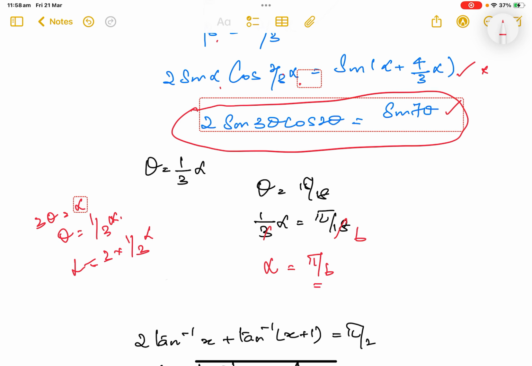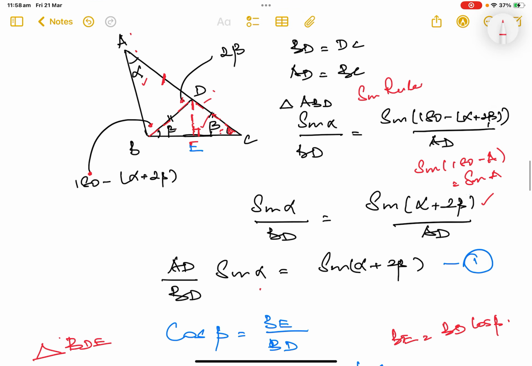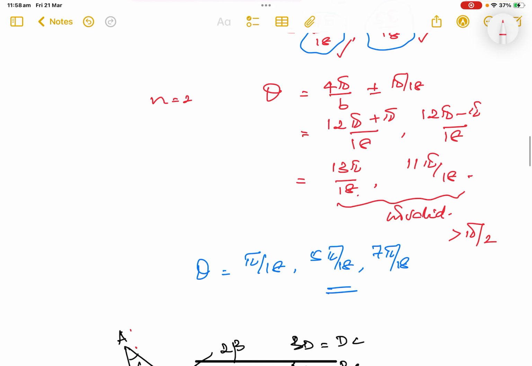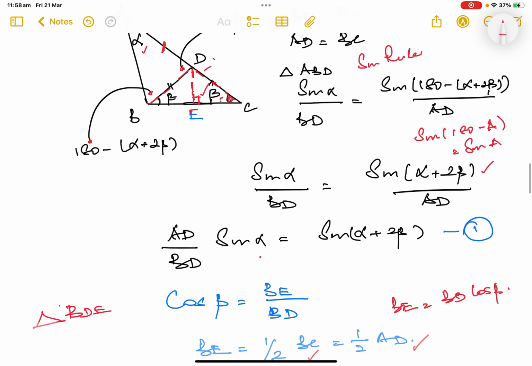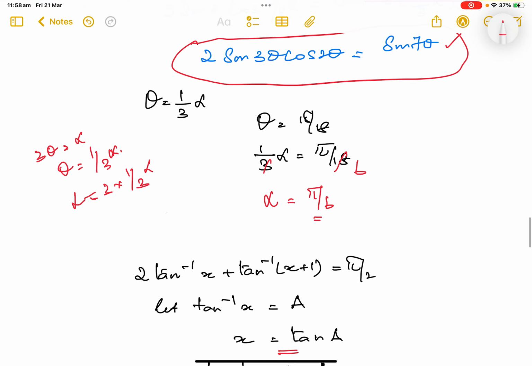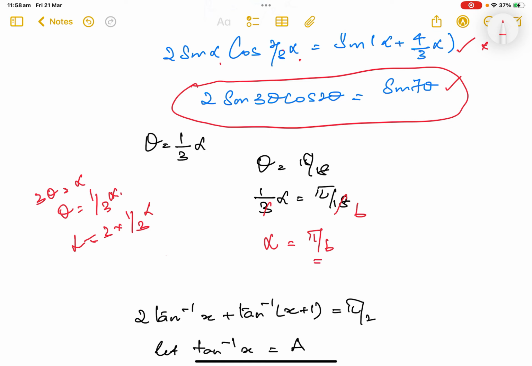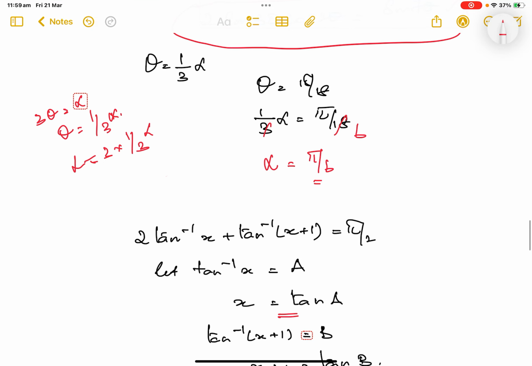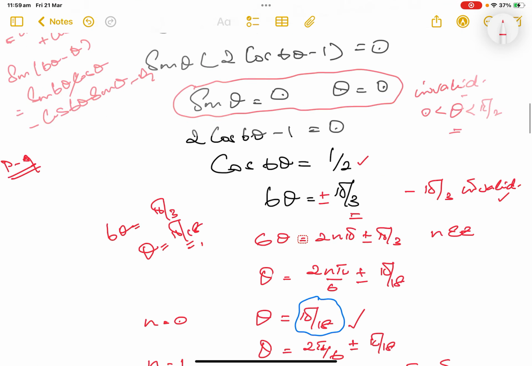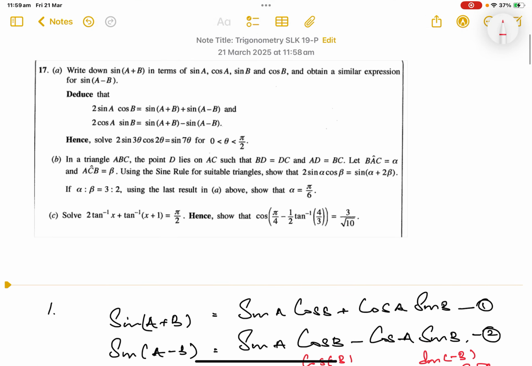So theta equals pi by 18, we have found that value. Since theta is 1/3 alpha, 1/3 alpha equals pi by 18. Solving this equation in terms of alpha, alpha equals pi by 6. Is that what they asked for? Yes, alpha equals pi by 6.